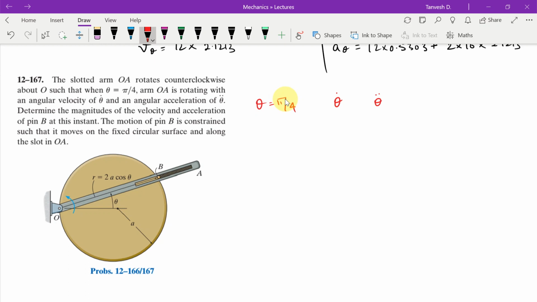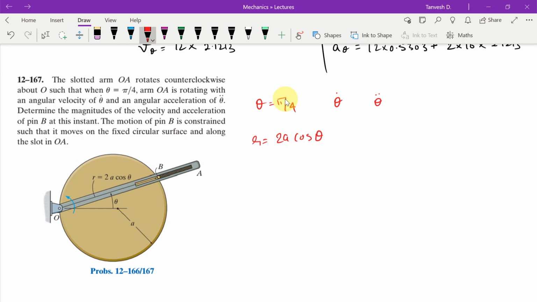Determine the magnitude of the velocity and acceleration of pin B at this instant. The motion of pin B is constrained such that it moves on the fixed circular surface and along the slot in OA. And the equation of R is given. R is 2A cos theta. Okay.